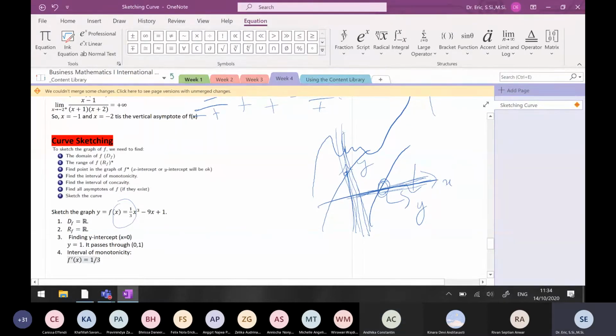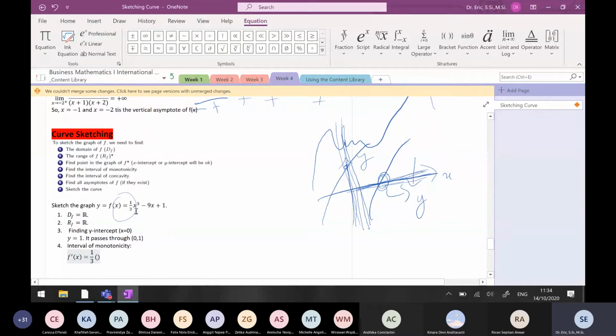What is the derivative of x cubed? It's 3 times x squared, because 3 minus 1 is 2.